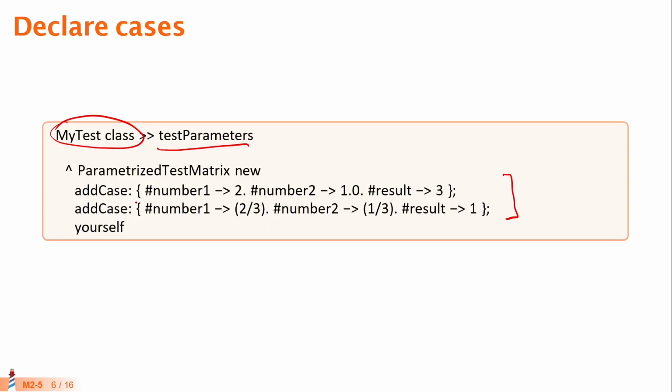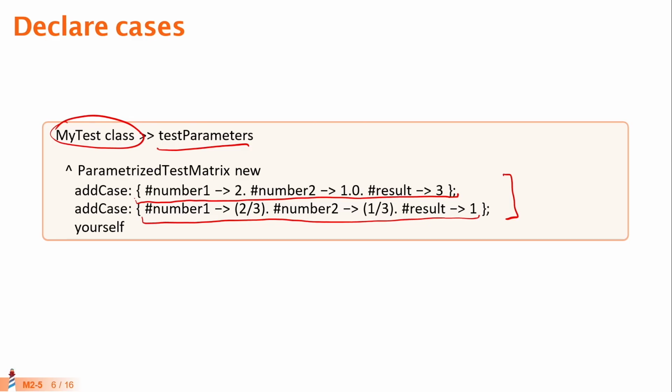You see, in this, we are adding the first case for our test, where the first number will be a 2, the second number will be a float 1.0, and the result should be a 3. And then we added a second case with the fractions as they were before.